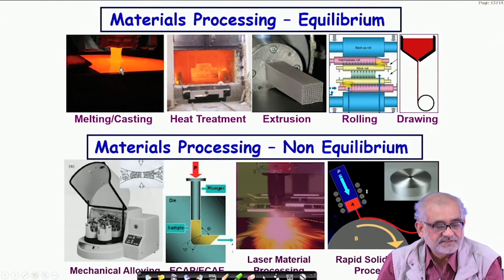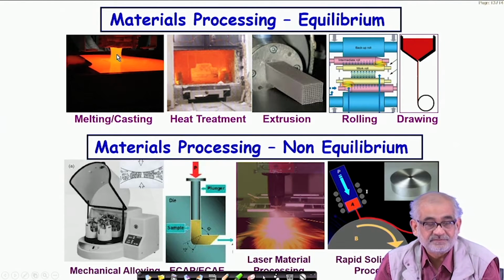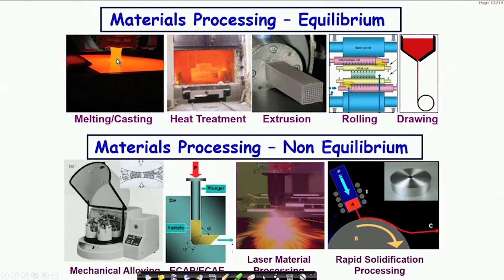Say for example, here what we are seeing is pouring of glass. This is how glass, when brought to the liquid state, can be gradually cast, and a structure out of silicate glass or non-silicate glass can be formed.